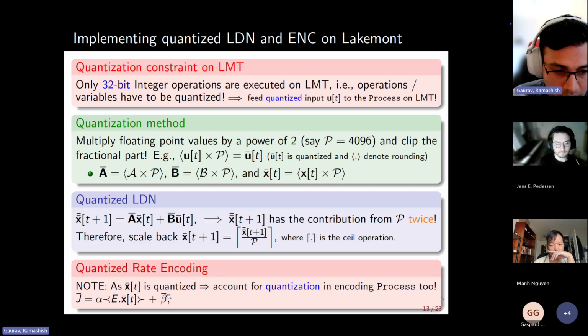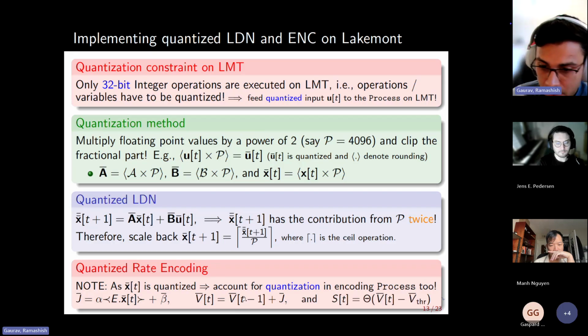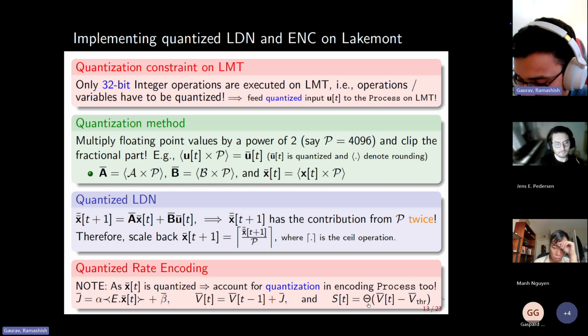Not much going on here, but eventually you get a current value from the state vectors, and then you feed that current to the voltage. You account for that in the IF neuron's voltage, which is also quantized, and then you pass the difference between the voltage and the voltage threshold to a Heaviside step function theta to obtain binary spikes.